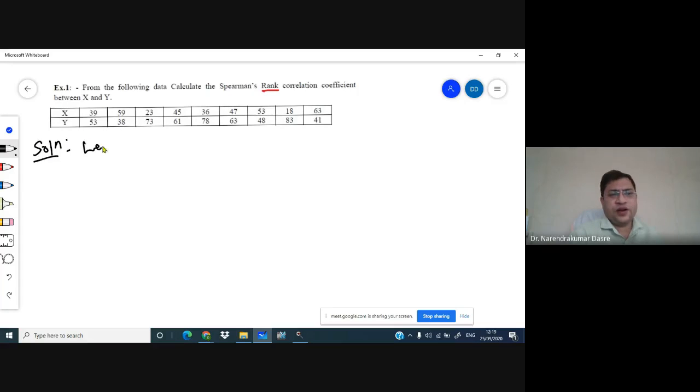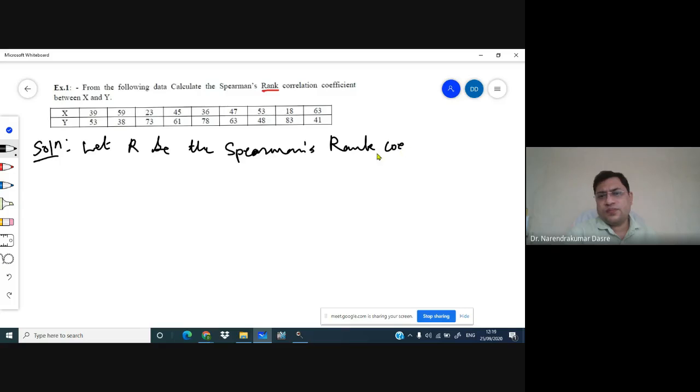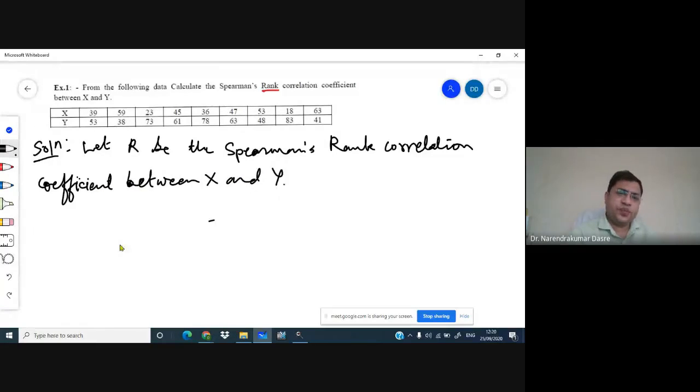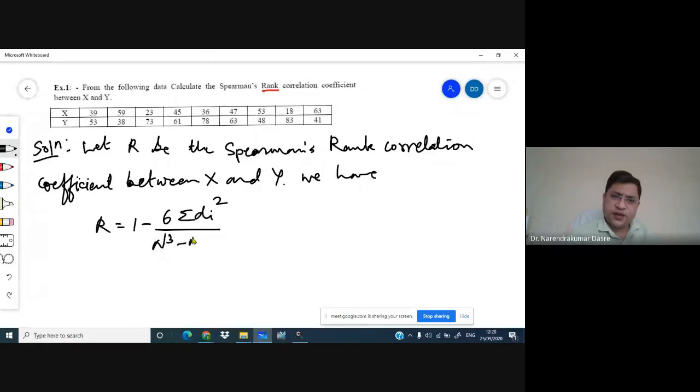Let capital R be the Spearman's rank correlation coefficient between X and Y. It is given by capital R equals 1 minus 6 times summation di square upon n cube minus n.